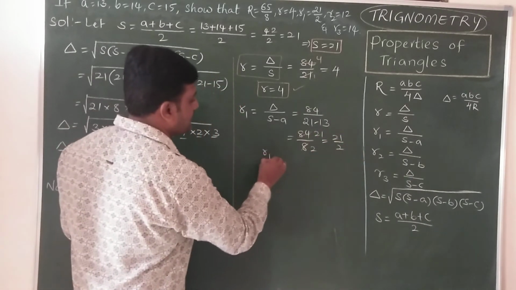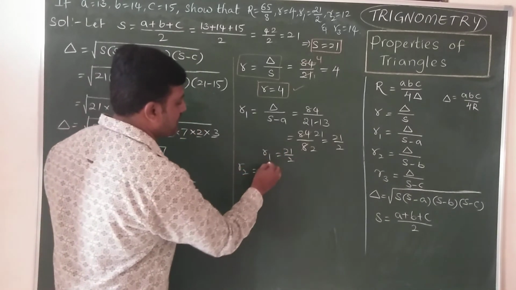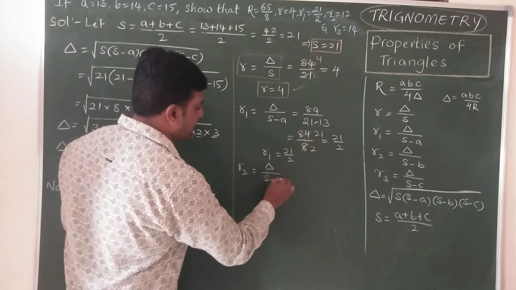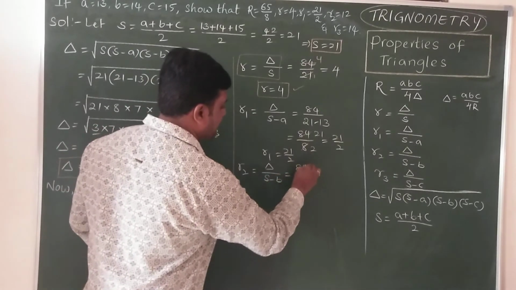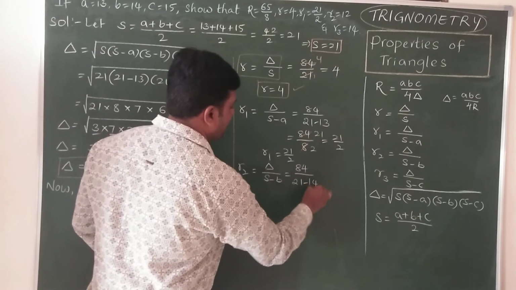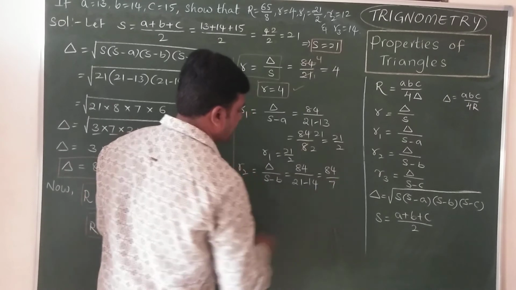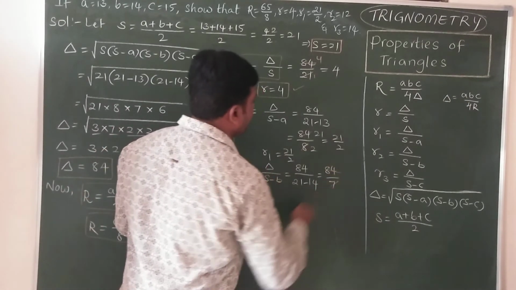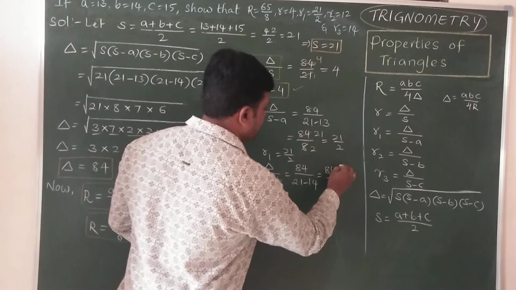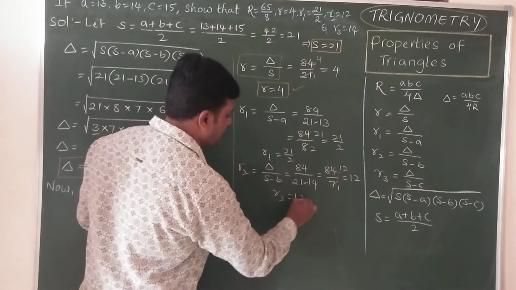Then r1 equals 21 by 2. Then r2 equals delta by s minus b. Delta is 84 by s minus b, 21 minus 14, then 84 by 7. 7 twelves are 84, equals 12. Then r2 equals 12.